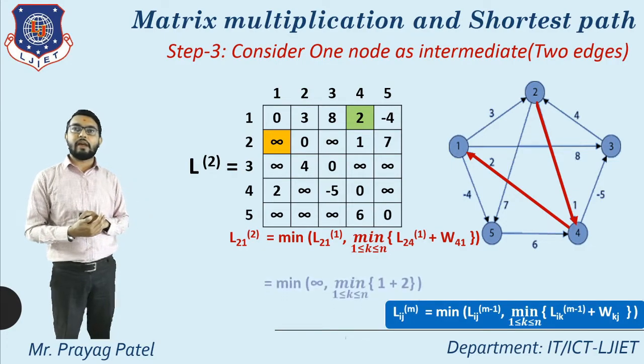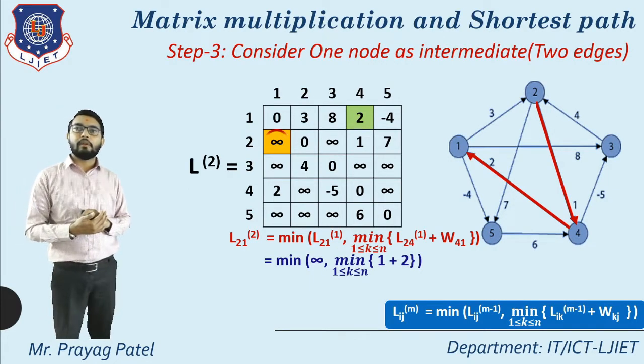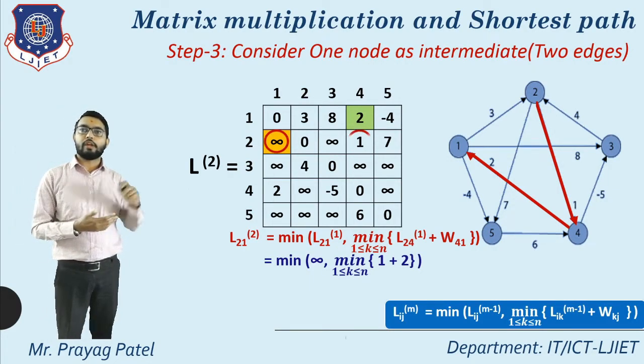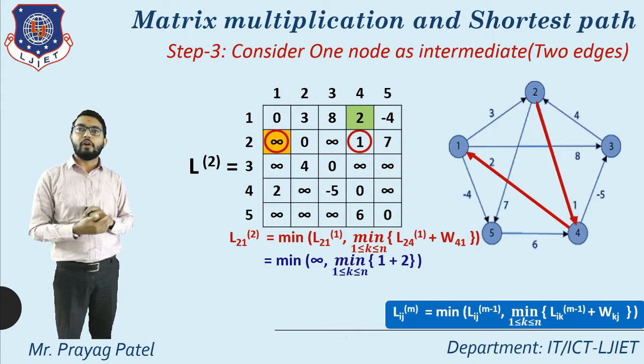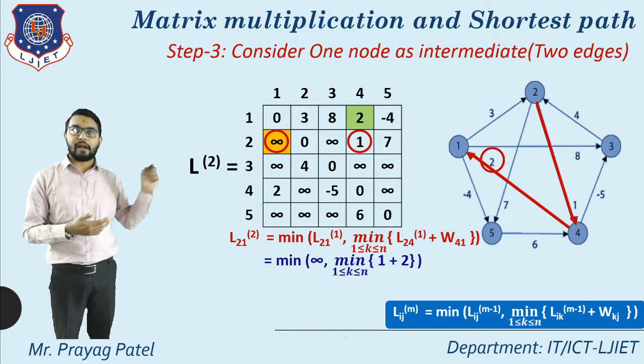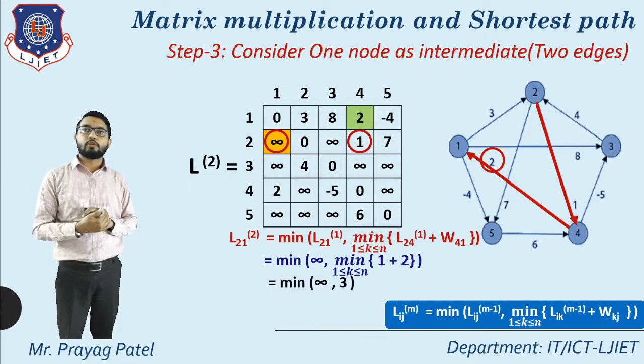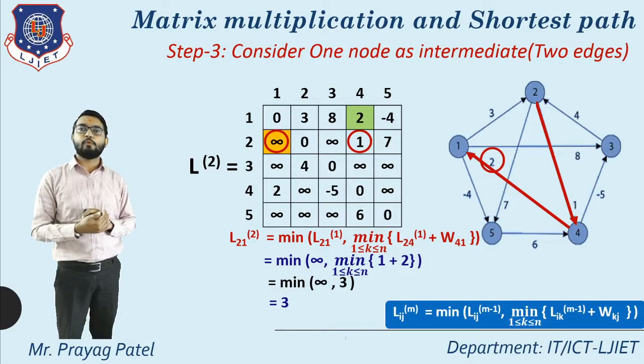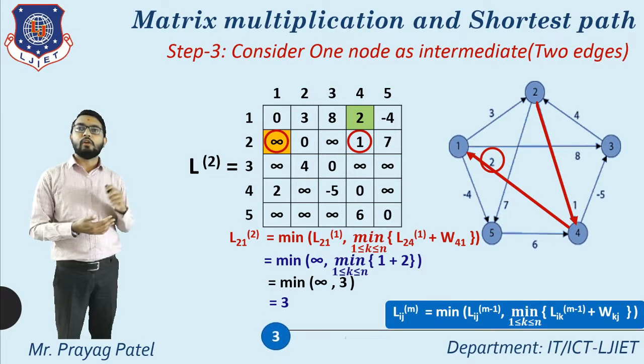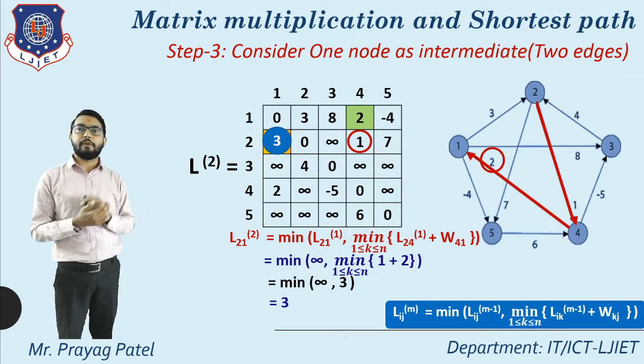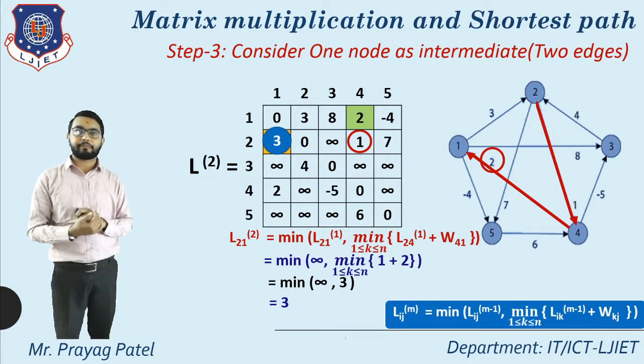So consider the value here, then minimum of 1 plus 2. So here consider old value infinity, 1 value here and 2 from this table in this graph. So here consider 1 plus 2. So minimum of infinity and 3 consider as 3 means put the value 3 in our location. Here in place of infinity we replace the 3.